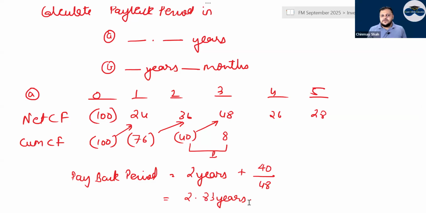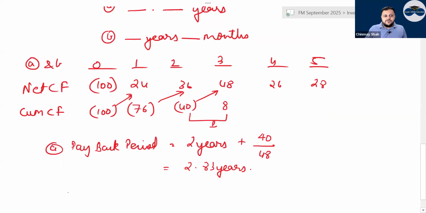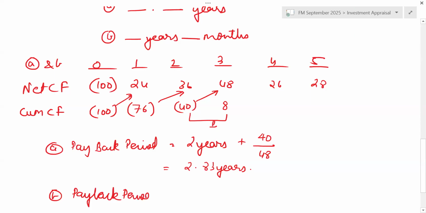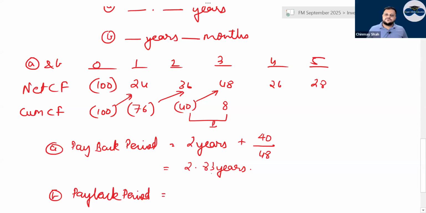Now this is answer A. Second, answer B in months. There is a catch here. Payback period is equal to 2 years plus points.